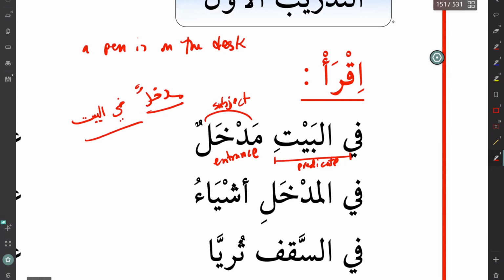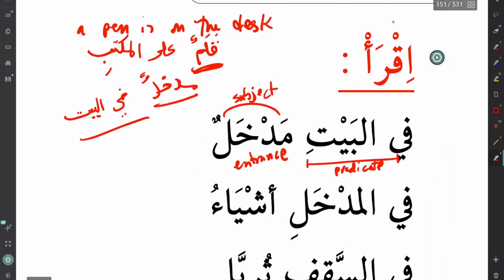But in Arabic, you cannot say it like that. You cannot say qalamun ala maktab. You can't say that. Why can't you say it? Because qalam is indefinite. In Arabic language, one of the rules is you cannot start a sentence with an indefinite noun. So this would be incorrect.